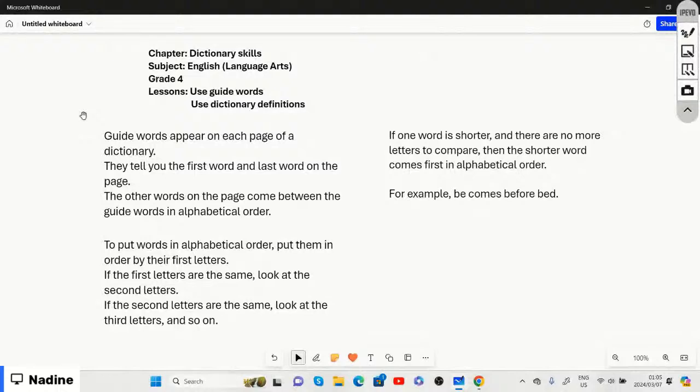So when it comes to using guide words within a dictionary, guide words appear on each page of a dictionary. They tell you the first word as well as the last word on the page.